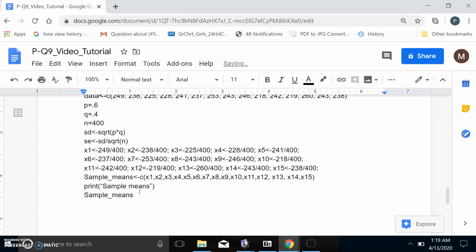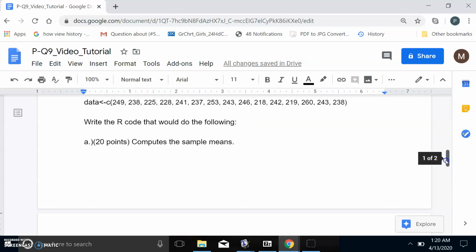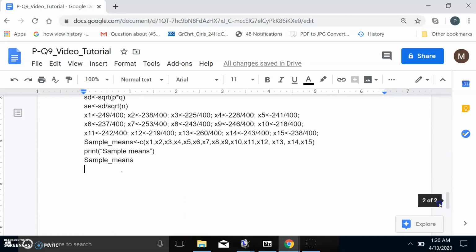Right, so let's keep going. So now to do the z-scores, if you look up here how the z-score is defined, it's x bar minus mu over SE. This mu here is p in our case. Let's do z1.